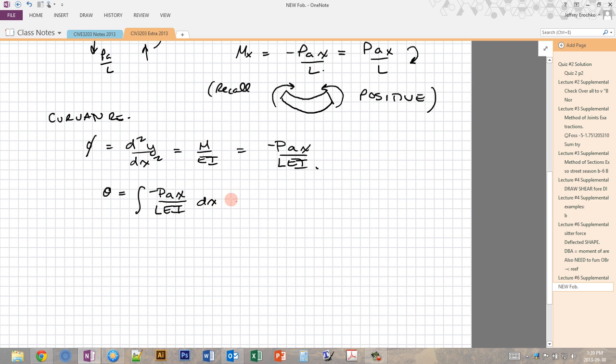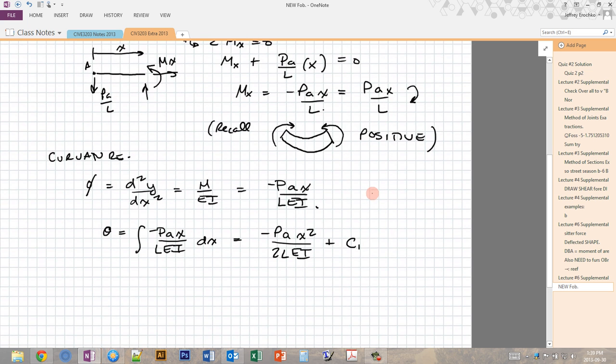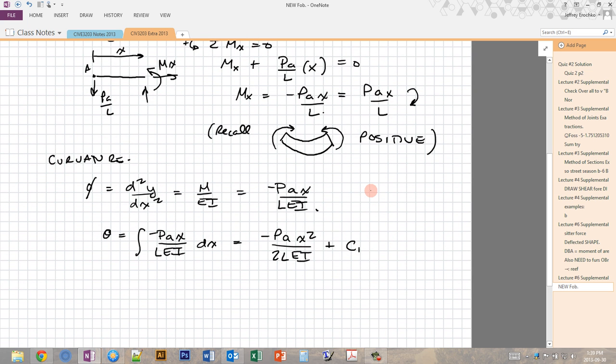Okay, dx, and if we solve that, we get negative PAx squared over 2LEI plus C1. Now you'll recall, if we're talking about the moment area theorem, the moment area theorem only gives us relative slopes depending on the area under the curvature diagram. So we need to know the absolute value of the slope at some point in the beam in order to find the value of the slope at another point in the beam.